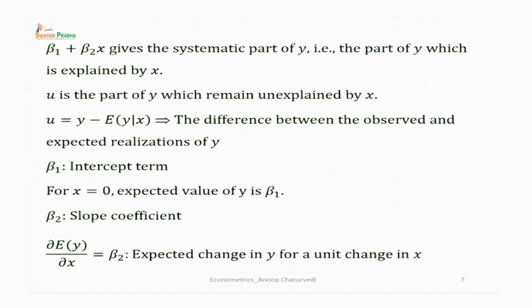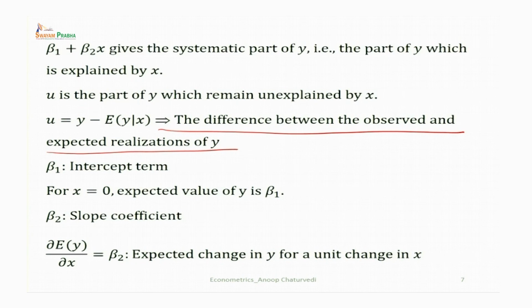And then you can easily verify that u is equal to y minus expectation of y given x. So, this is the difference between the observed and expected realizations of y. The observed y minus the expected value of y given x gives you u.